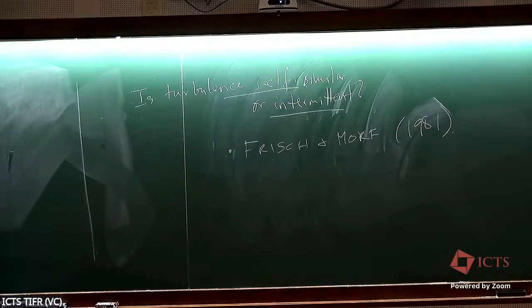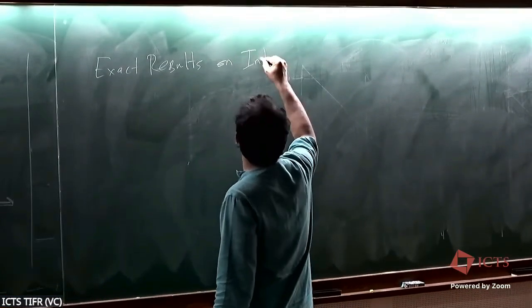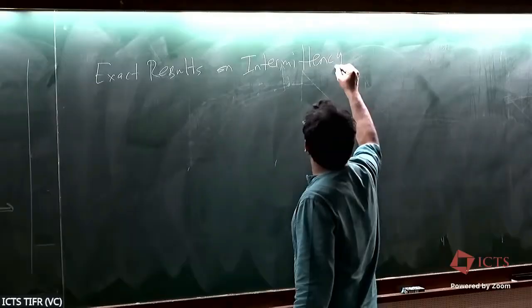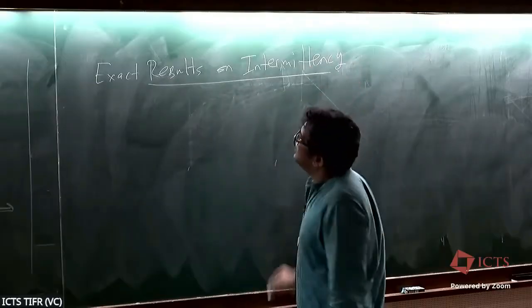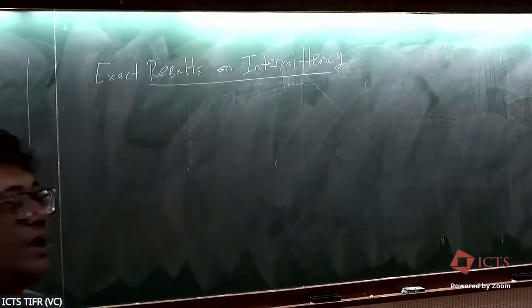All right. So you can come up with some so-called exact results on intermittency. These would be exact to the extent that, as we shall see, they will give us certain bounds on how these zeta p's will behave.